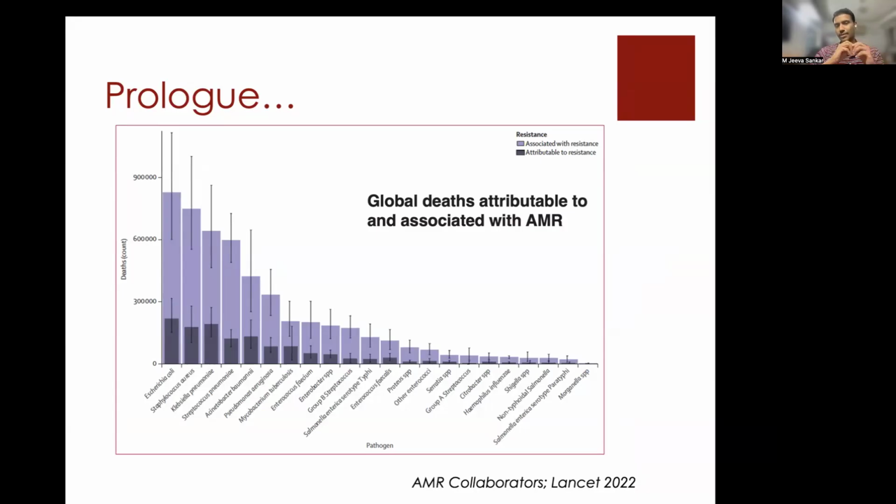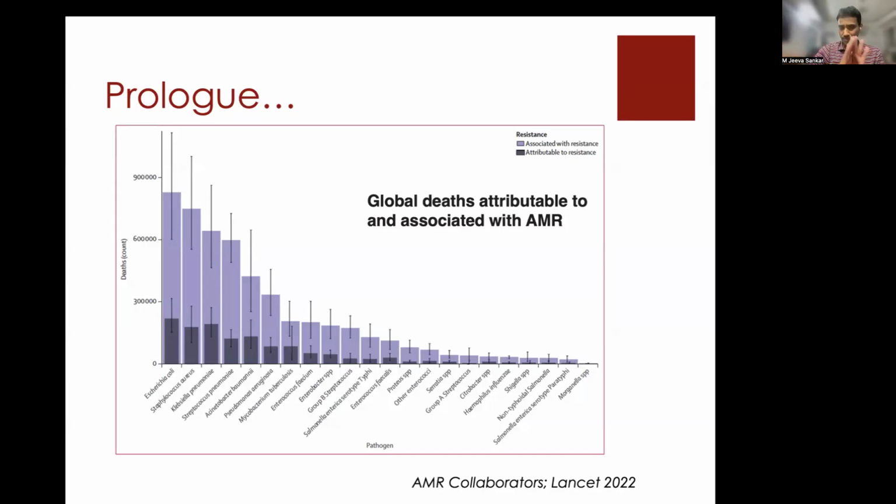They estimated the number of global deaths that can be attributed to antimicrobial resistance or associated with antimicrobial resistance. These are two different terms. Attributable means you can directly attribute that death to that cause. Association means there was some resistant bug, but the child, adult, or baby died because of some other reason.